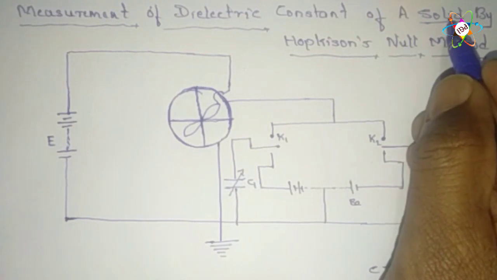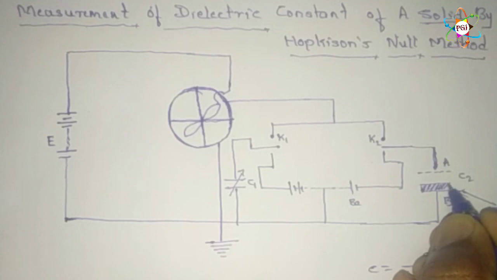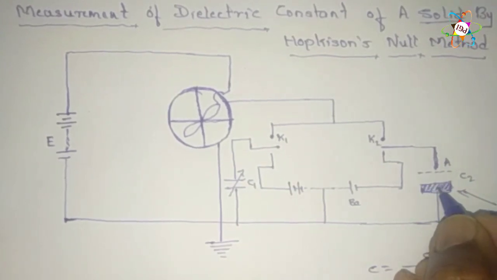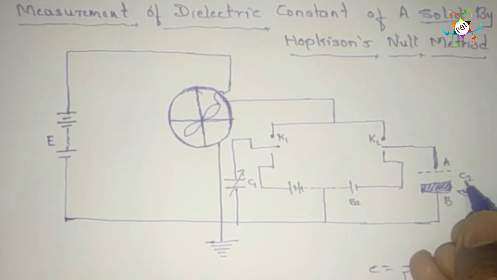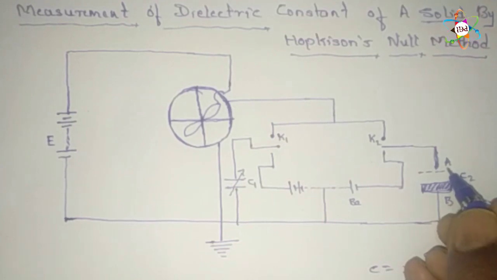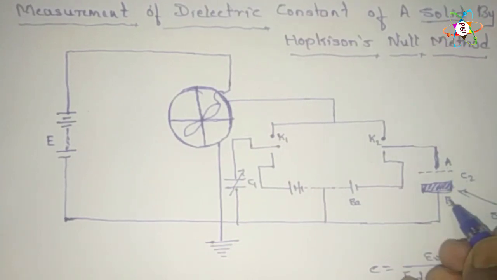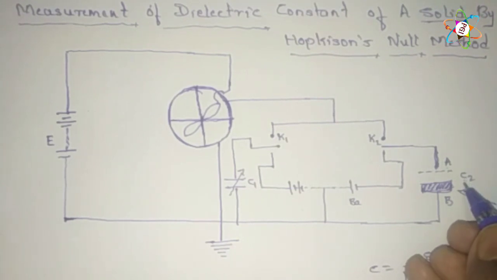The solid body is placed on the lower plate of the condenser. This is the condenser C2. C2 is one of the condensers, having two plates, upper plate A and lower plate B. So the solid body is placed on the lower plate of the condenser.